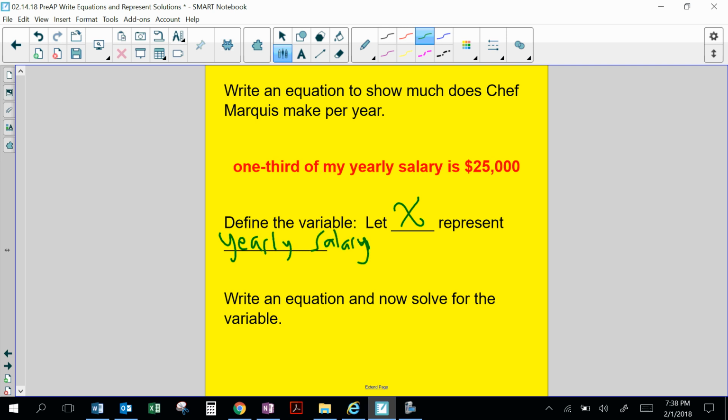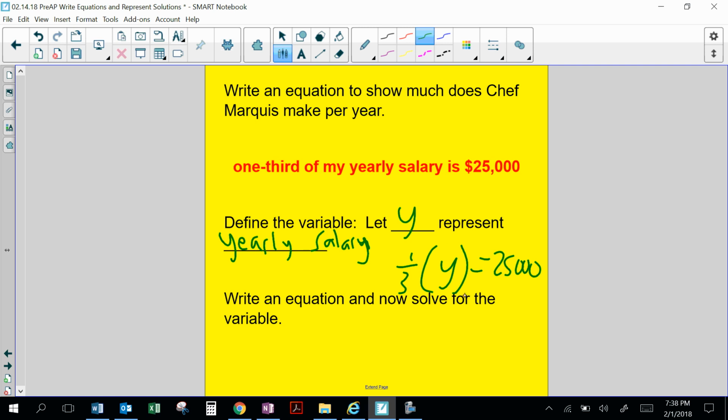You know what? I'm going to change it to y, because it makes more sense since it's about yearly salary. So 1/3 of my yearly salary is 25,000. This is an equation because it gives me a complete thought.